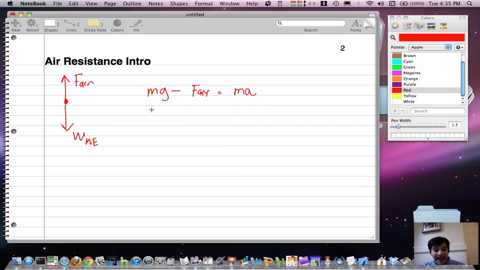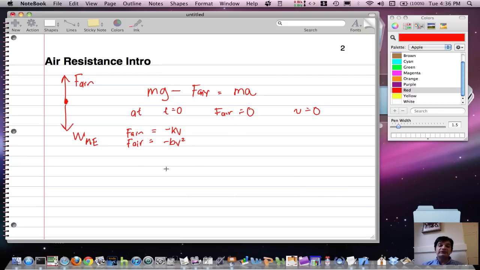Now, at time equals 0, the air resistance is 0 because v is 0. And in every case, the air resistance is either going to be equal to some kv when it falls slowly, like a feather or a coffee filter, or it's going to equal something like negative bv squared when it falls faster.